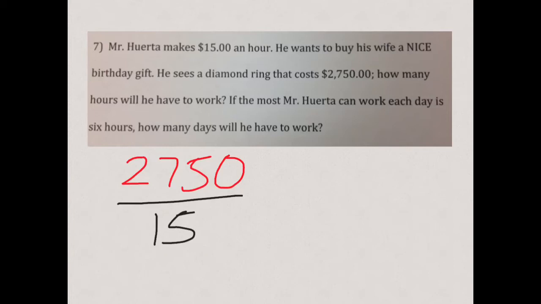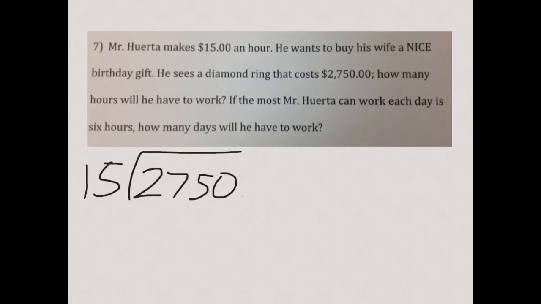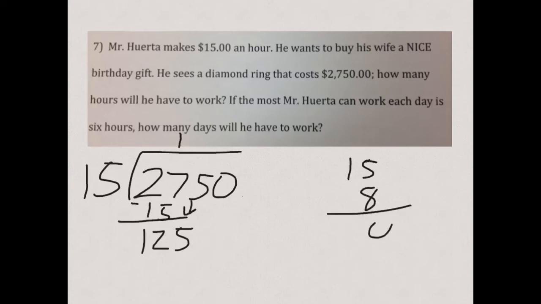Now, let's go ahead and rewrite this a different way. 15 into 2,750. 15 does not go into 2, but it goes into 27 one time. That's 12. Bring down the 5. Now, how many times does 15 go into 125? Let's see, 10 would be 150. So let's try to figure this out.